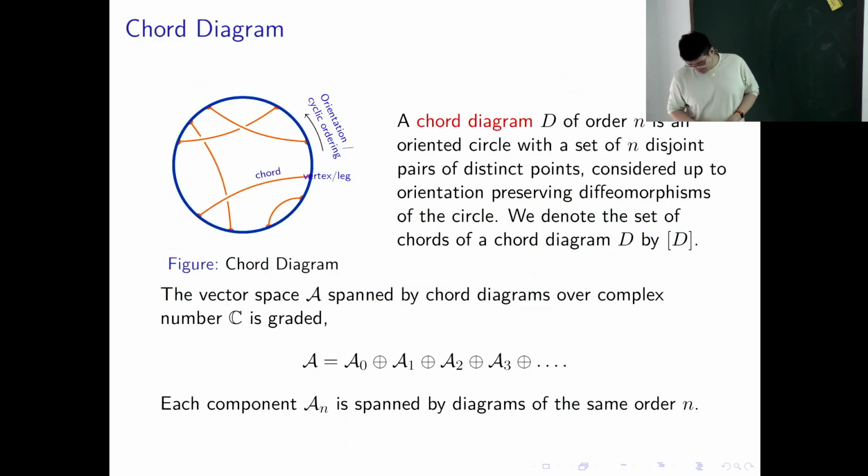It's related to the combinatorial object, the chord diagram. You get a circle and you get separate chords. You can get this chord diagram from a singular knot. You just go through the circle, and if you meet the singularity, you put those two points out and draw a chord between these two vertices.